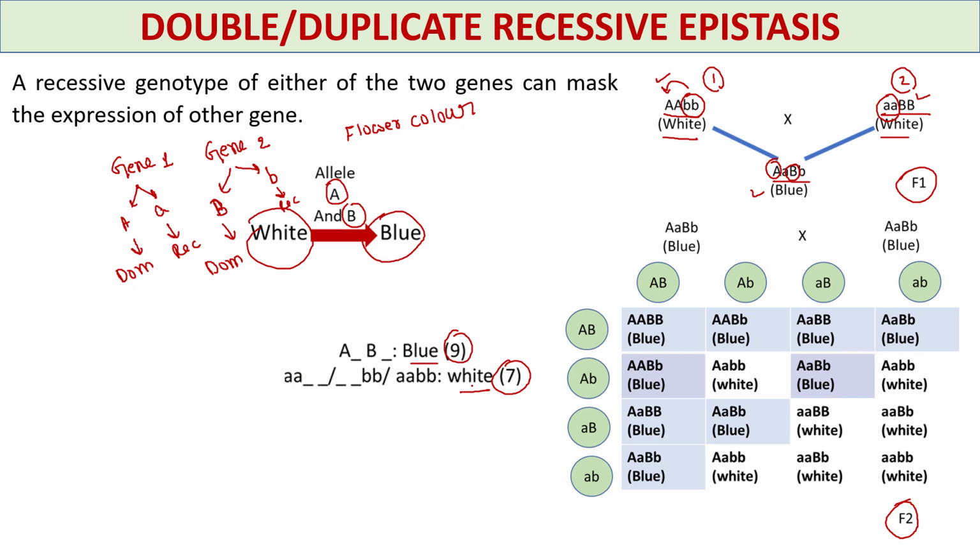All blue flowers have at least one capital A and one capital B allele. All white flowers possess two recessive alleles of at least one gene, like small a or small b, or two recessive alleles of both genes, that is small a, small b. The phenotypic ratio of the F2 generation is 9:7.